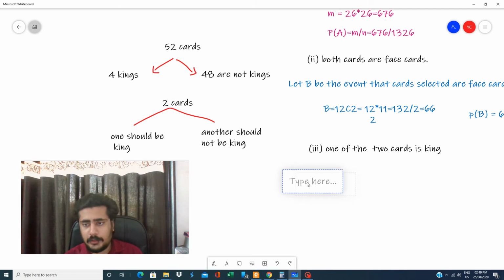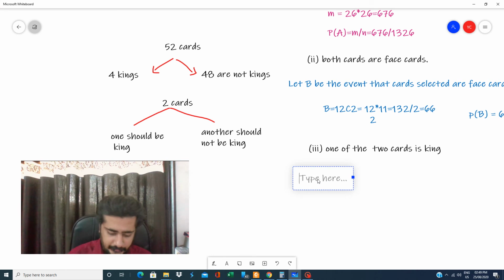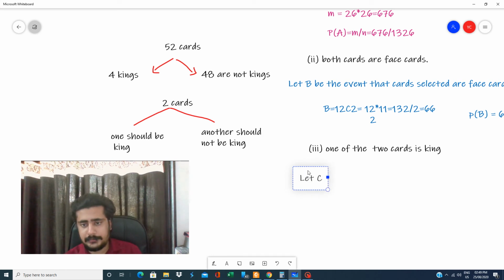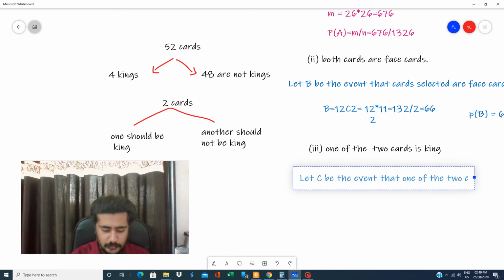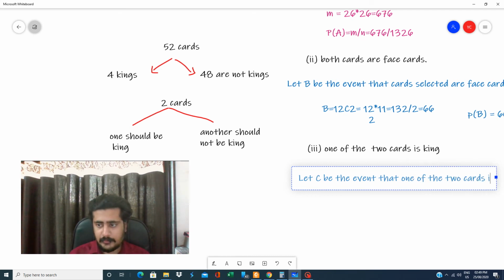What do you want? You want only one card as a king. Let C be the event that one of the two cards is king.